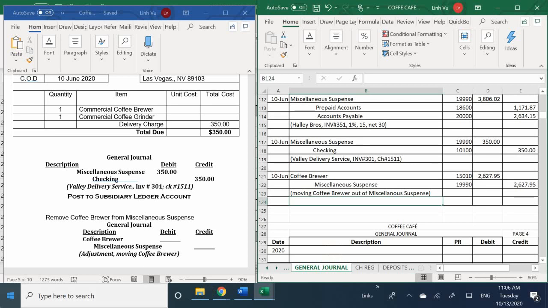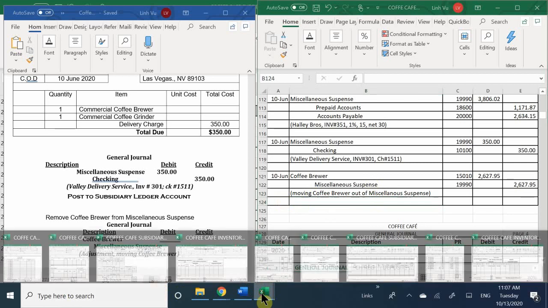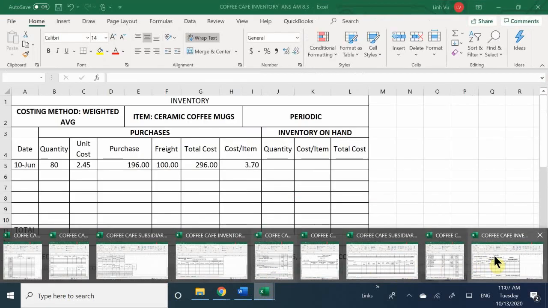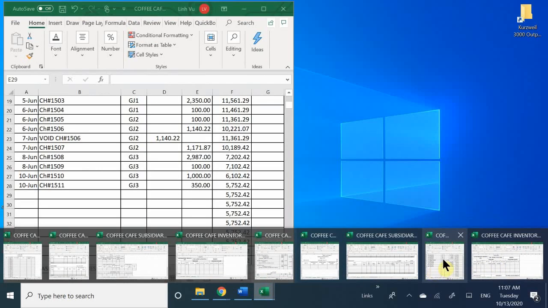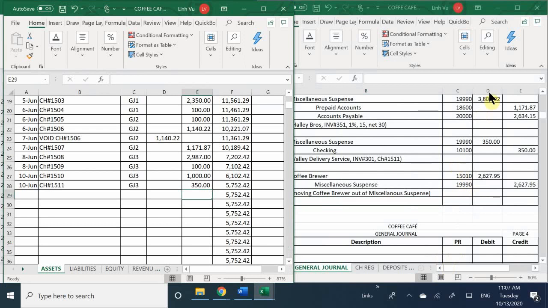All right. So now let's go ahead and update our journal to the ledger. I think this is my ledger. The first thing we see here is the coffee brewer.